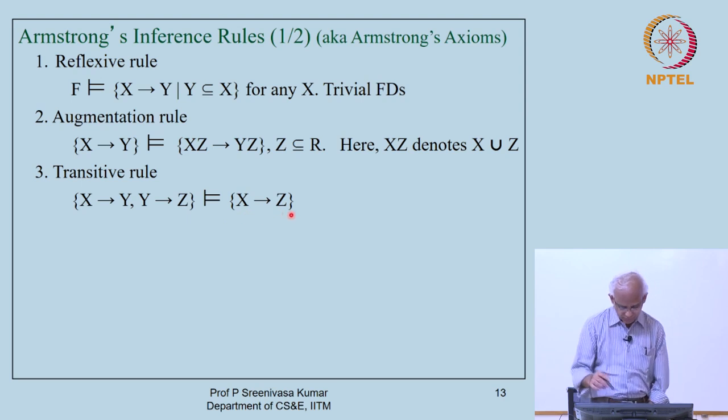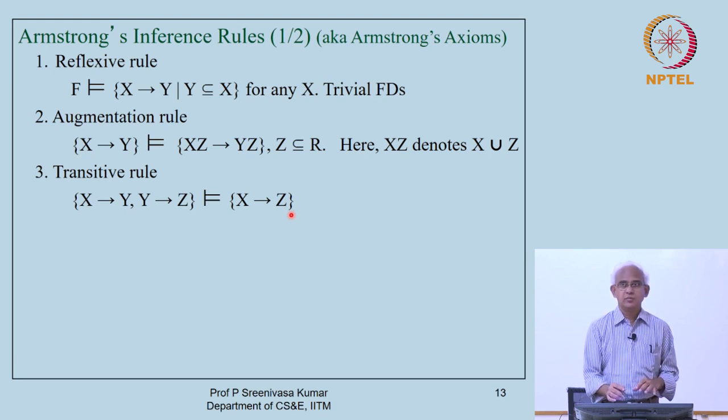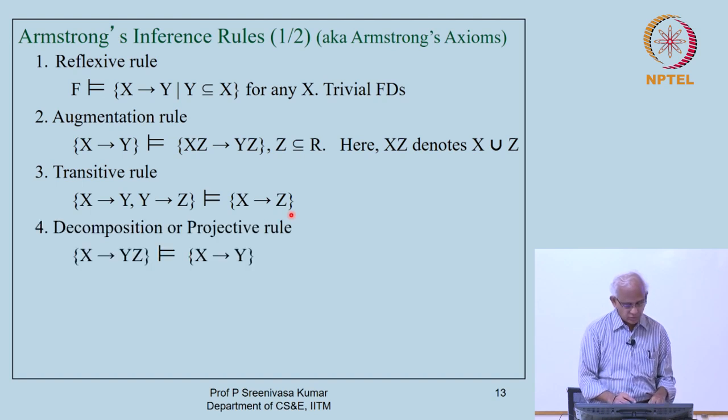In addition to this, there are three more rules, which I will show you in the next slide are not exactly essential, but are nice to have. So, let us look at them. One of them is called the decomposition or projective rule.